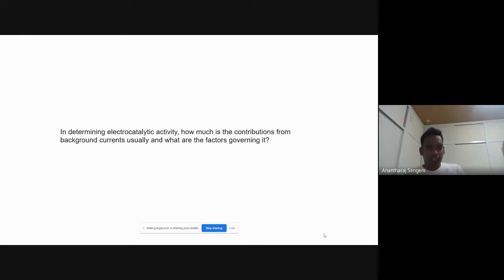Yes. In determining electrocatalytic activity, how much is the contribution from background currents usually, and what are the factors governing it? This is a wonderful question.